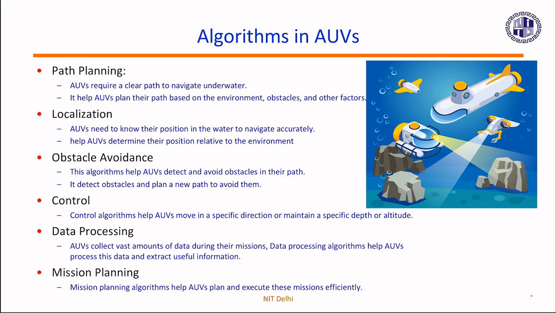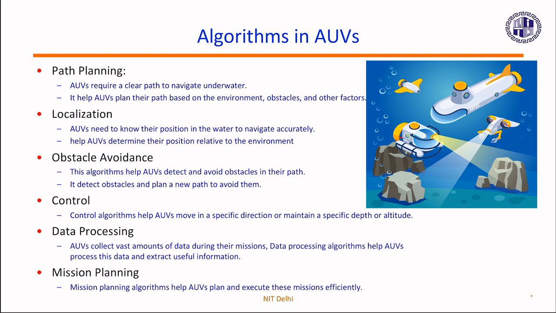The algorithms used in AUVs are critical to their successful operations. Here are some common algorithms used in AUVs. First is path planning. AUVs require a clear path to navigate underwater. Path planning algorithms help AUVs plan their path based on the environment, obstacles, and other factors. Second one is localization. AUVs need to know their position in the water to navigate accurately.